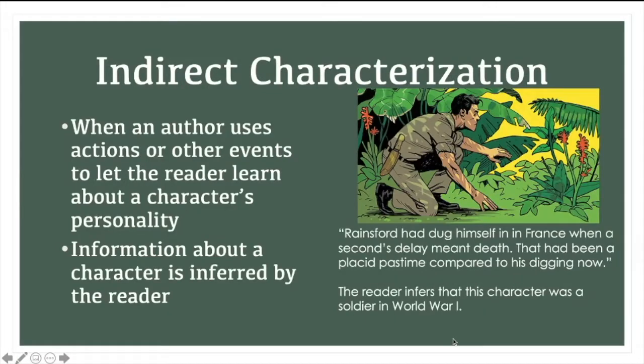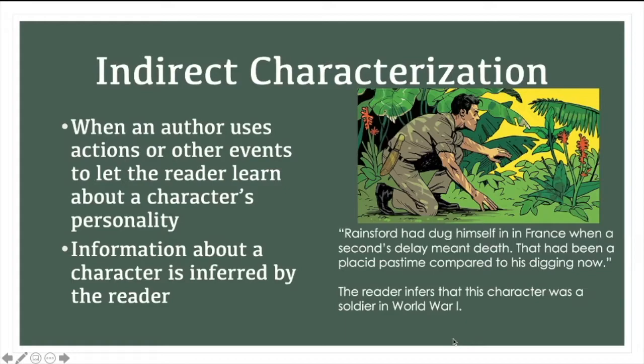So the opposite of that is indirect characterization, where we have to kind of guess a little bit about what the character, their personality is like. The definition here, when an author uses actions or other events to let the reader learn about a character's personality. Normally this is going to be your traits such as bravery, cowardice, pride, things that we can't see physically.